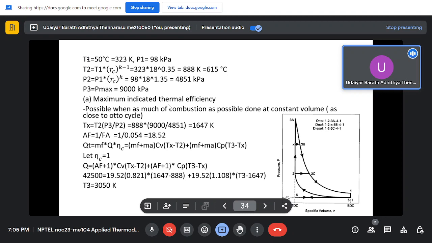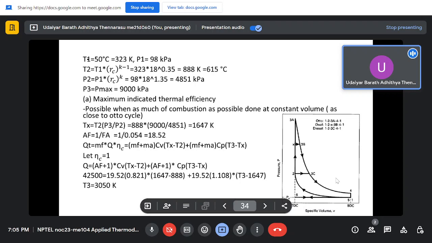Then the minimum thermal efficiency. As I told, for a given compression ratio, the Otto cycle will have the maximum thermal efficiency, then comes the dual cycle. Because the pressure was limited, we operated it as a dual cycle. Then the minimum efficiency for a given compression ratio, with the highest Q rejected, will be for the diesel cycle.